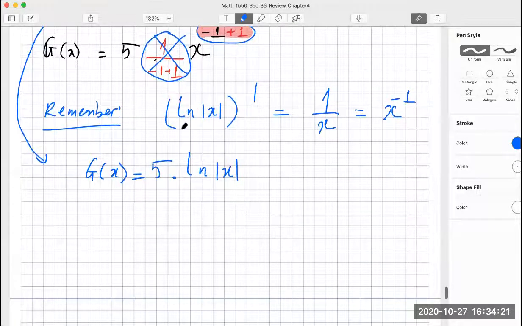Right, the constant is not a problem. So you can double check it by taking the derivative, and it gives us 5 over x, correct.